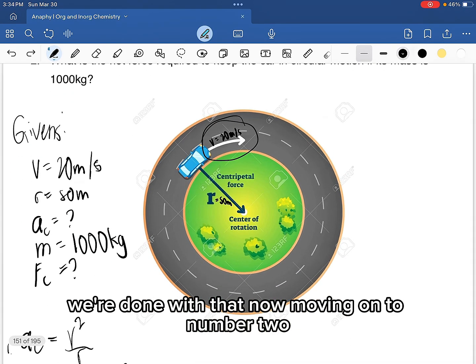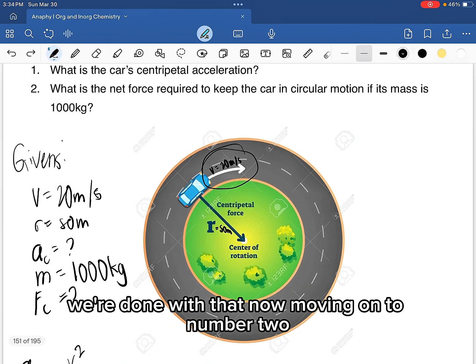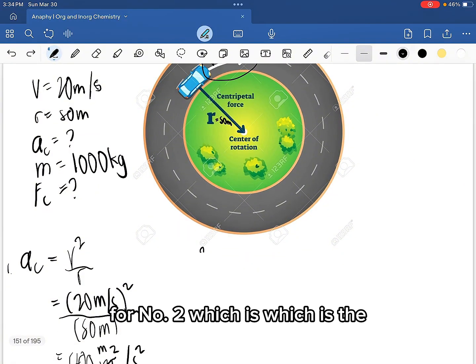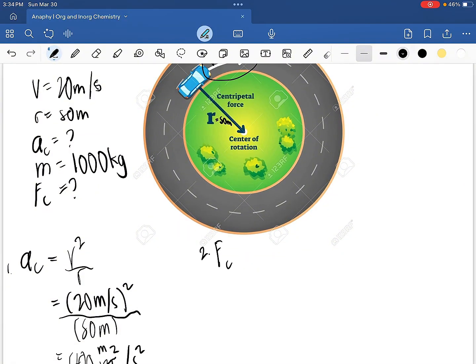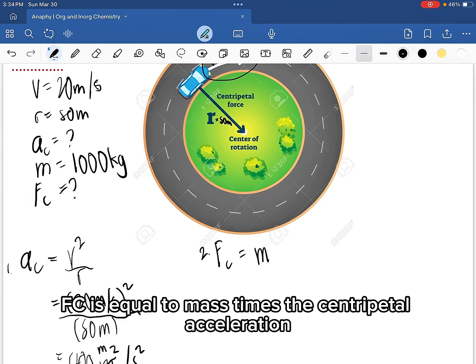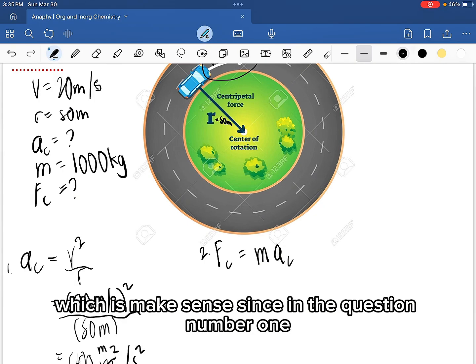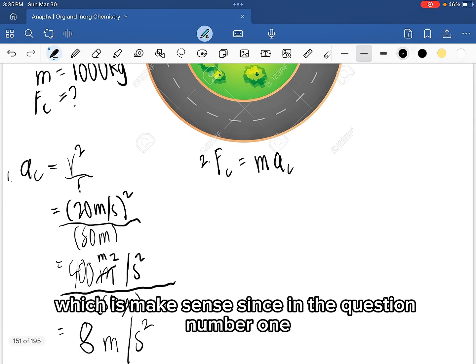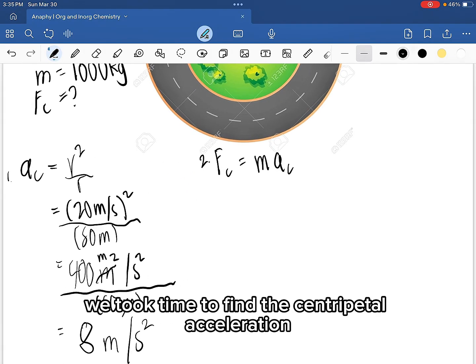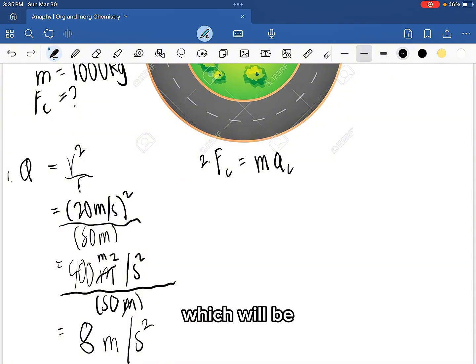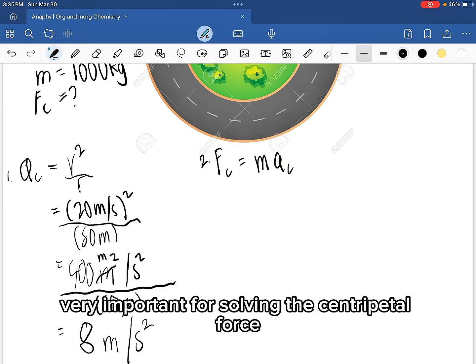Now, moving on to number 2. For number 2, which is the centripetal force, we'll be using the formula F_c is equal to mass times the centripetal acceleration, which makes sense since in question number 1, we took time to find the centripetal acceleration, which is very important for solving the centripetal force.